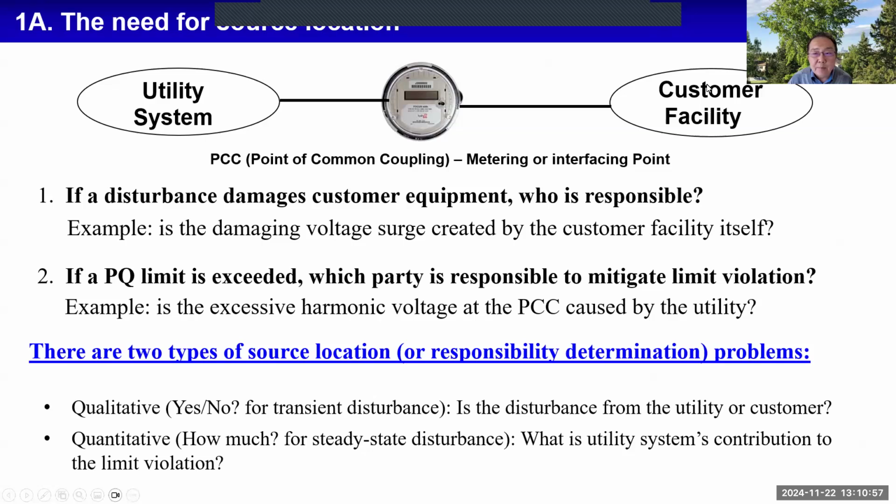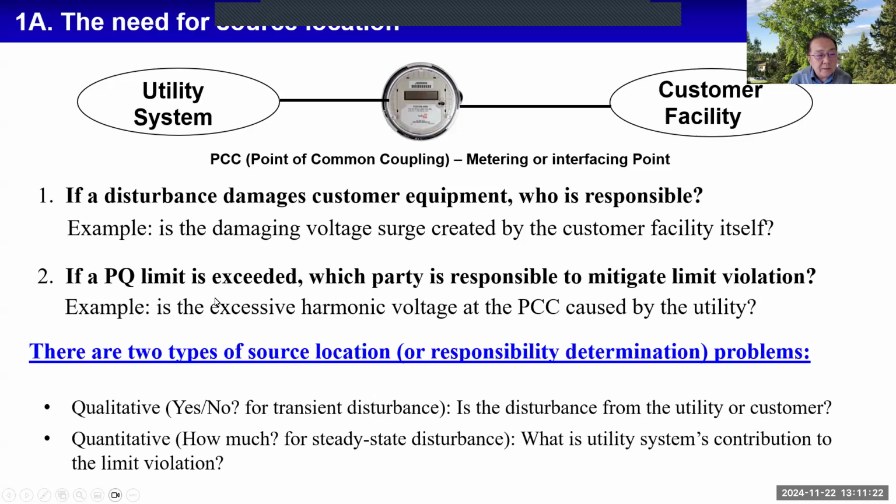If there is damage to the customer equipment, the question is who is responsible? We need to know if the disturbance causing damage comes from the utility system or from the customer facility itself. So it is very important to know whether this damaging disturbance comes from upstream or downstream.